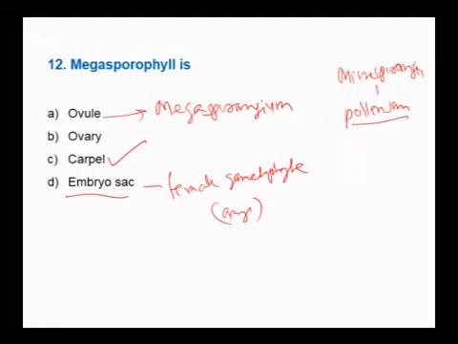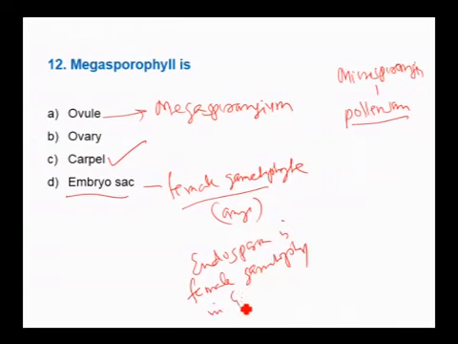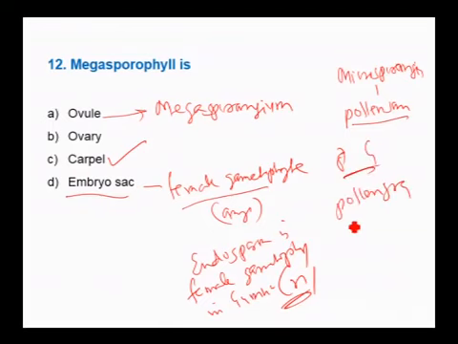But in gymnosperms, the female gametophyte is endosperm. Endosperm is the female gametophyte in gymnosperms and it is haploid, whereas the male gametophyte is pollen grain in both gymnosperms and angiosperms.